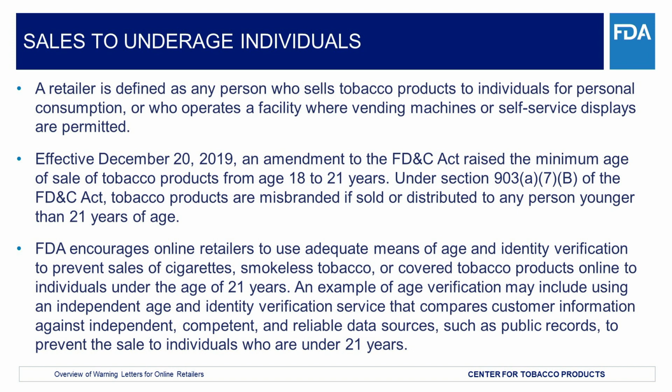To better ensure compliance with this requirement, FDA encourages online retailers to use adequate means of age and identity verification to prevent sales of cigarettes, smokeless tobacco, or covered tobacco products online to individuals under the age of 21 years. An example of age verification may include using an independent age and identity verification service that compares customer information against independent, competent, and reliable data sources such as public records to prevent the sale to individuals who are under 21 years.